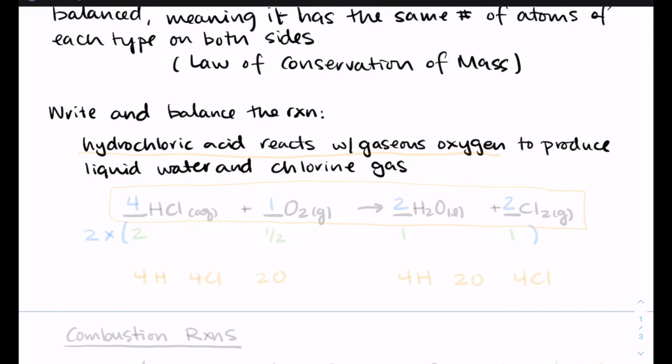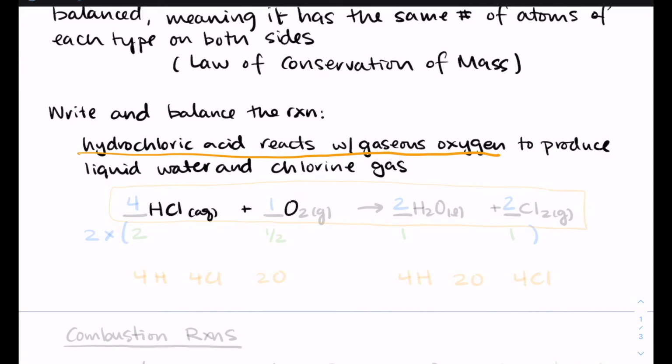So hydrochloric acid, I've got it written in words. What does that look like as a formula? Well, it is an acid, so it's an aqueous solution. The hydrochloric tells me that the hydrogen is just paired with a chloride. So HCl(aq). It reacts with, so plus, gaseous oxygen.